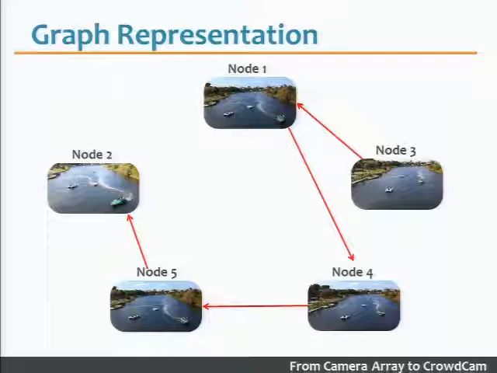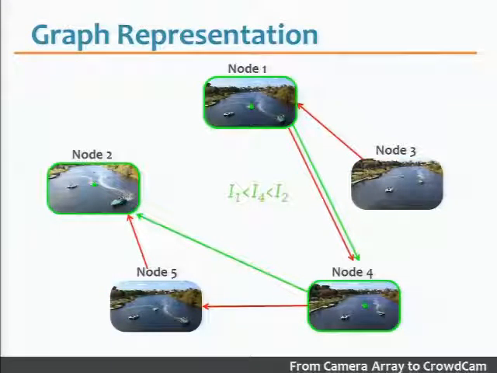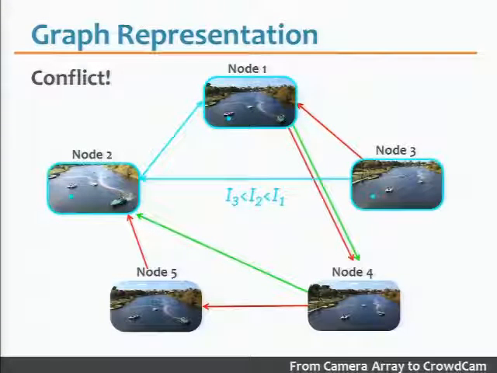Another example, we can also have a partial order. In this example, the green partial order agrees with the red one. But it's not always the case, and we can also have conflict when we have, for example, a wrong partial order. Here I only draw the direct edges.